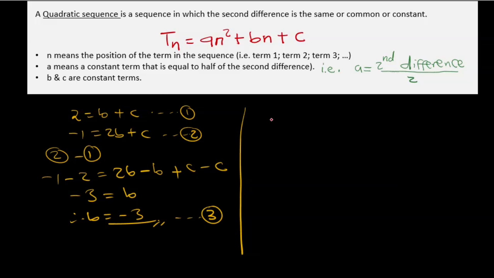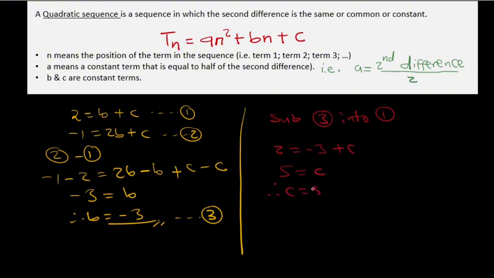Let's sub equation 3 into equation 1. This will be 2, then what is b? Minus 3 plus c, that is minus 3, that is b. This crossing over to the other side will be 3 plus 2, which will be 5.